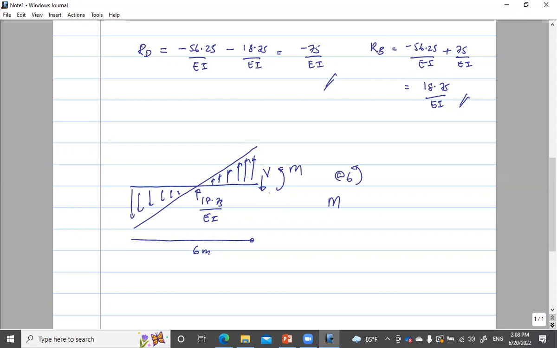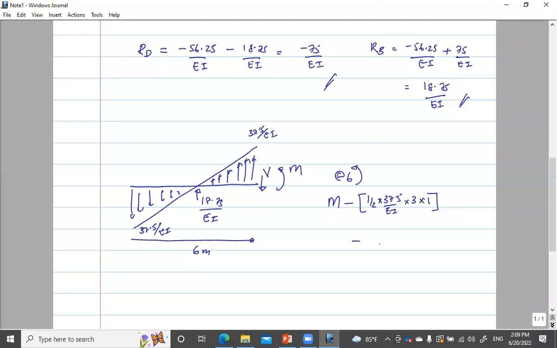Okay? So the moment due to upward load is going to be clockwise, so that's minus half into 37.5 over EI into the distance is 3 and the distance to the centroid from here is 1. And the reaction is going to be again clockwise.